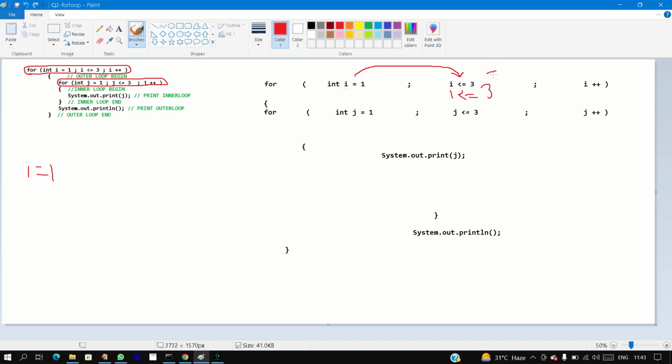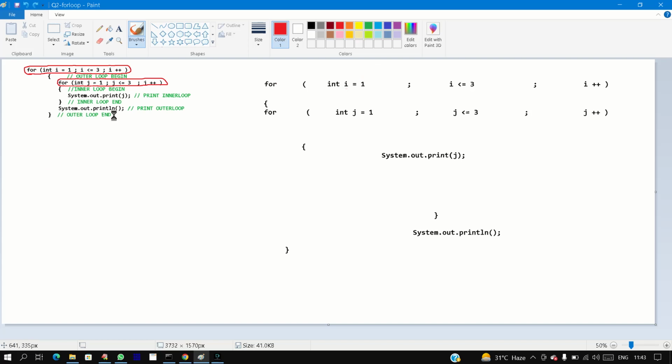The condition is true. Now that the condition is true, we will be moving inside the body of the outer loop. Fine.